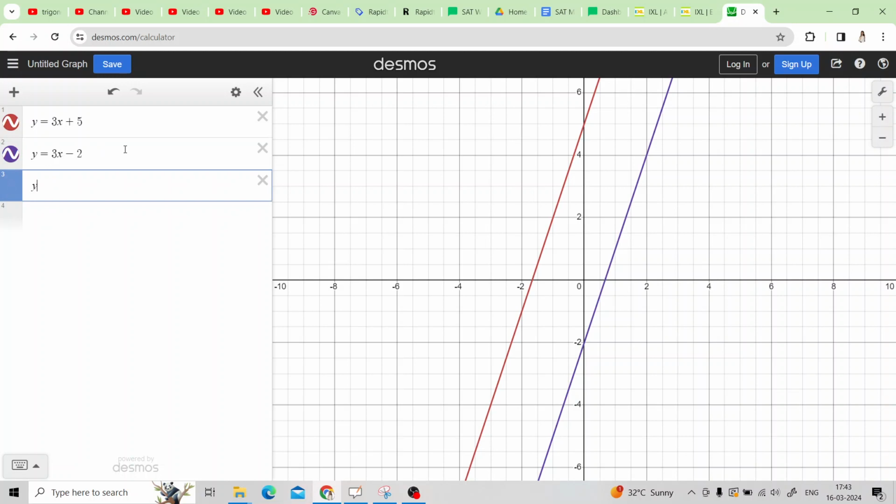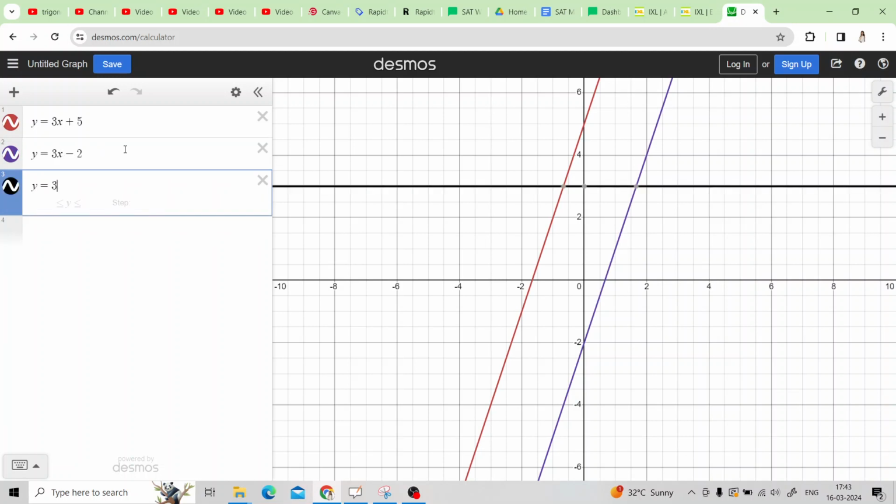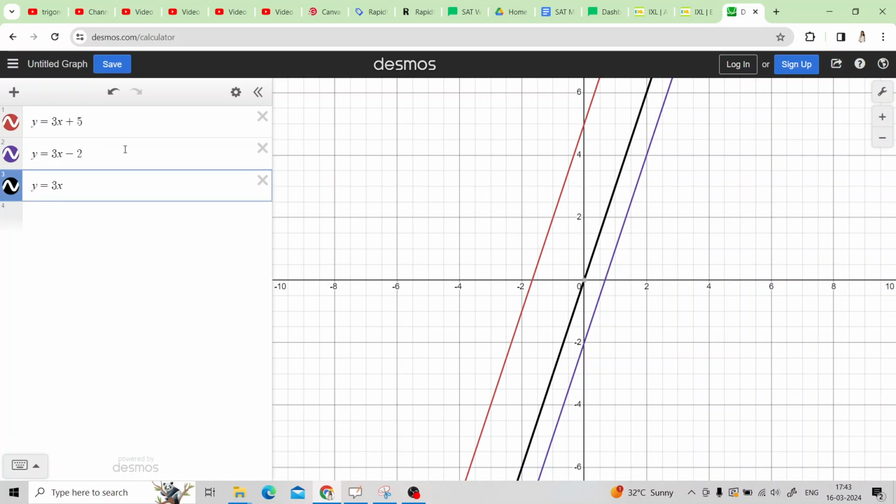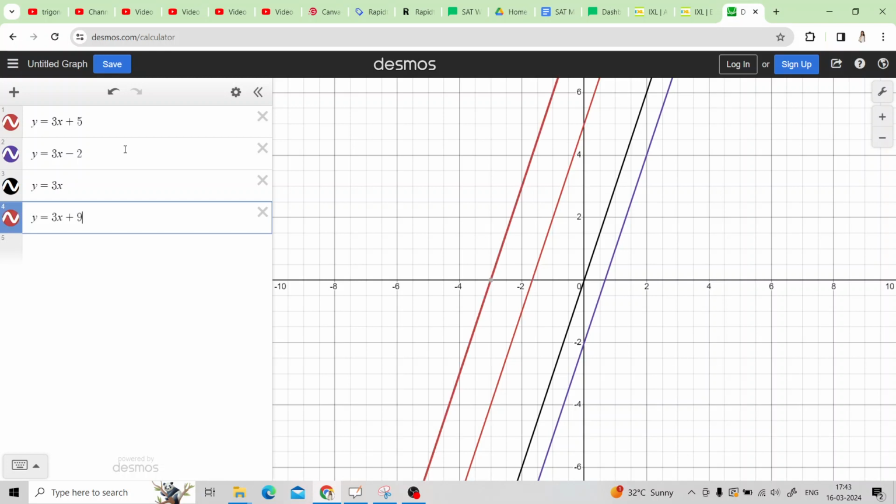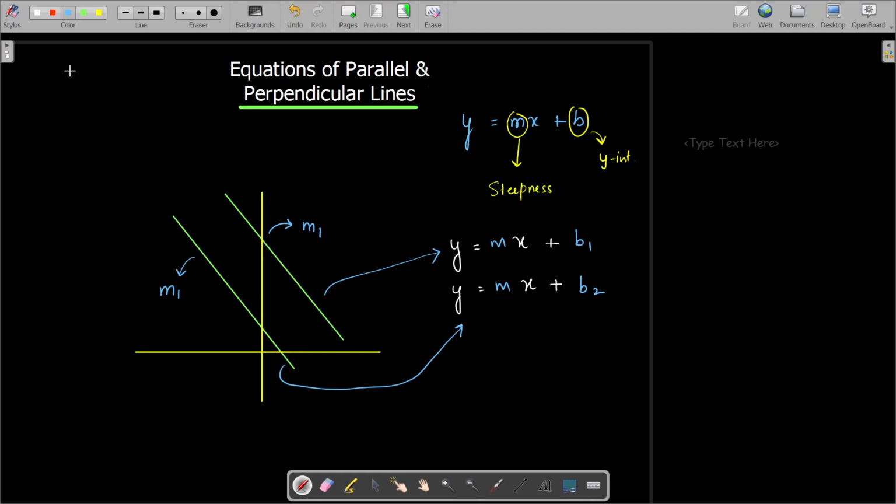In fact, you can plot infinite lines with the same slope. Let's add y equals 3x minus 4. All of these lines are going to be parallel to each other. It's just that their y-intercept keeps changing. So this is about parallel lines.